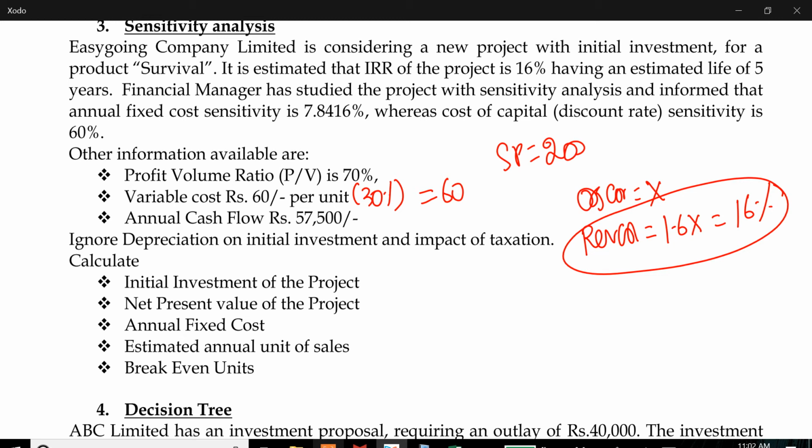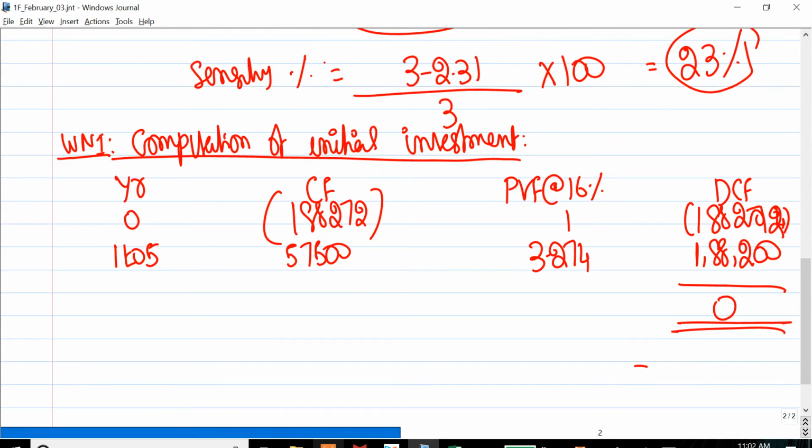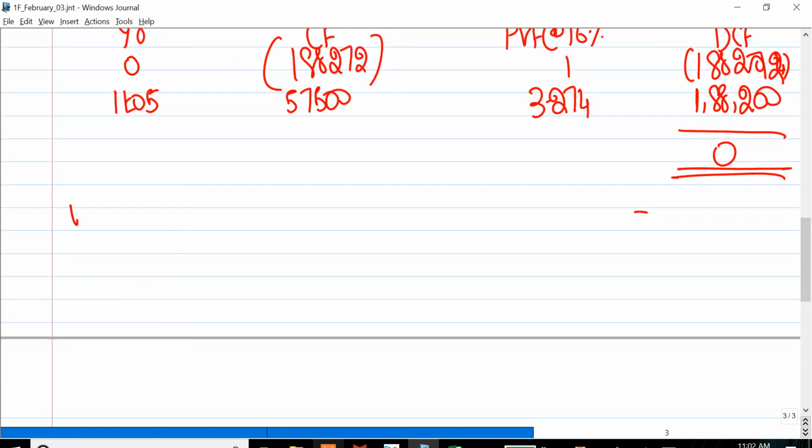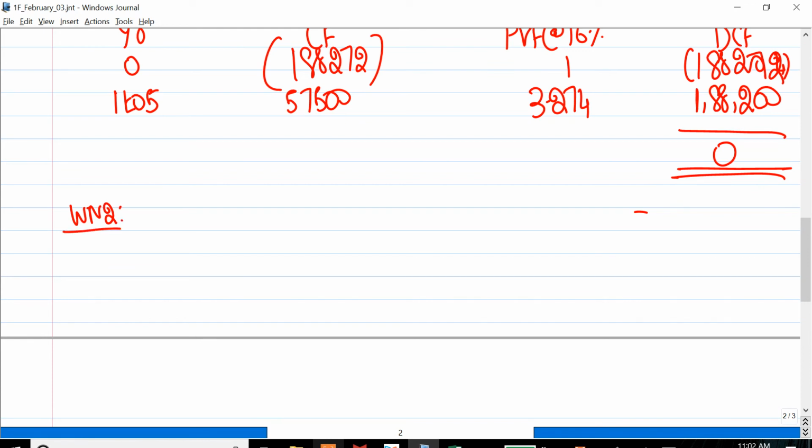Next point, computation of cost of capital. Let us assume the original discount rate to be X. Next point.